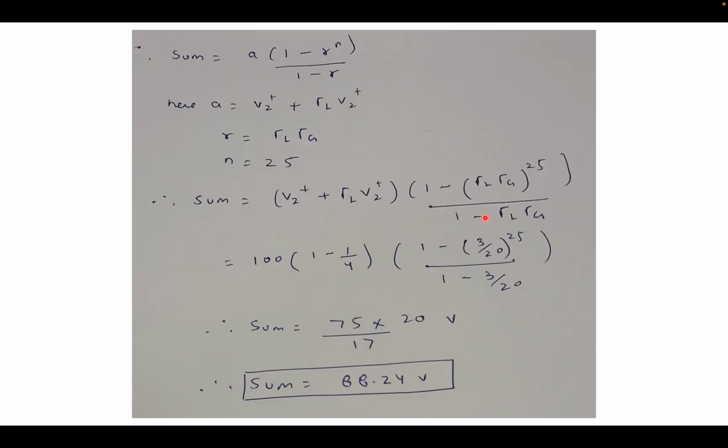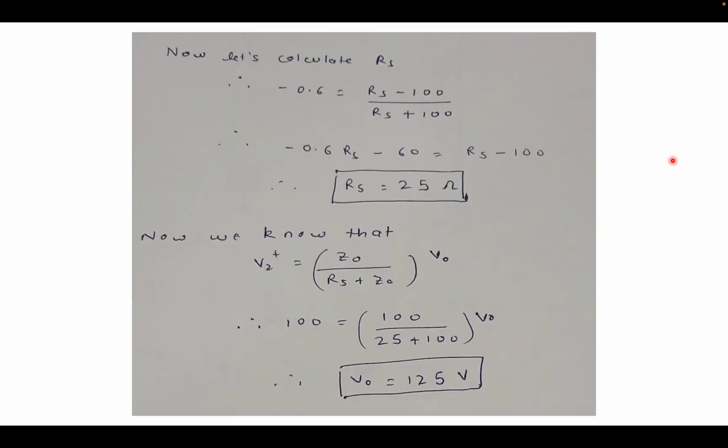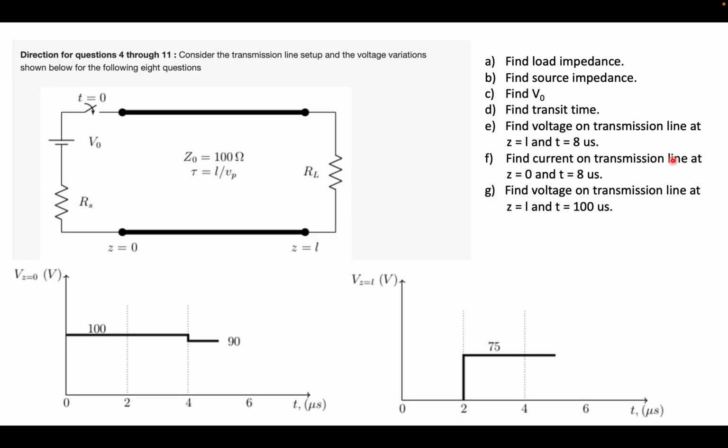Okay, you got this correct? So for Z equal to 0, T equal to 8 microsecond, the current on the line, F part you are saying, right?